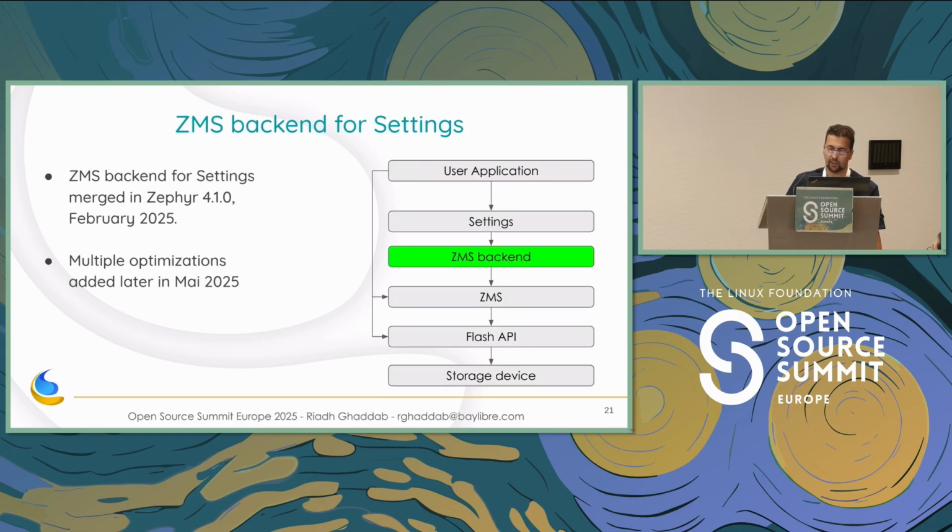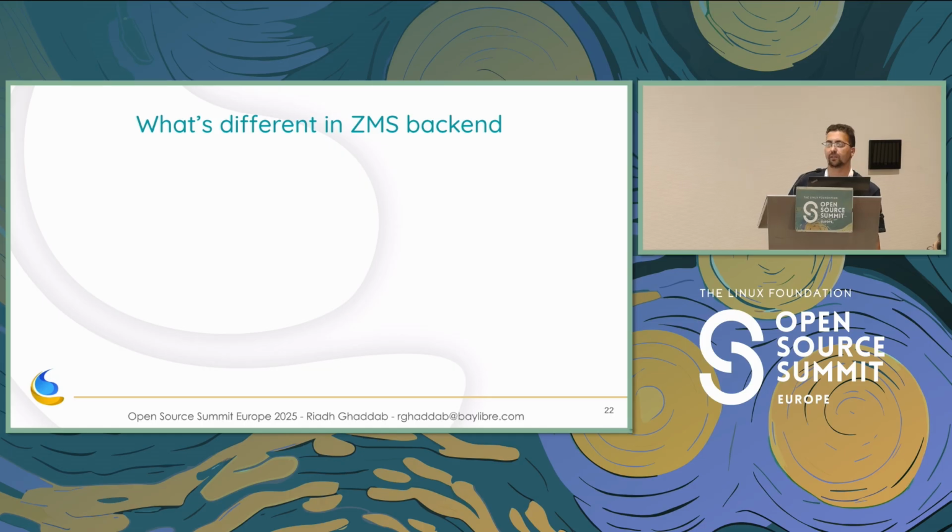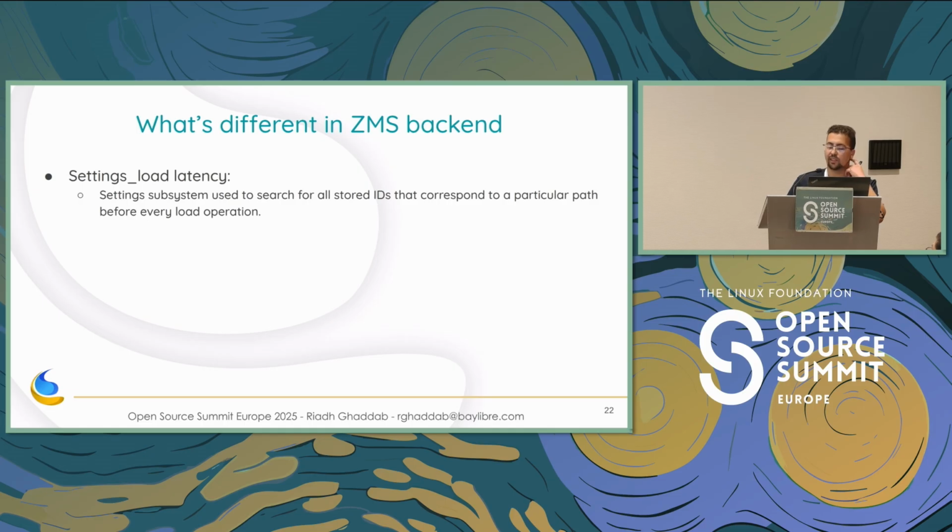So, like I said, we added the ZMS backend, but what's different in it compared to the other ones? We noticed that settings load, which is the operation of loading all the keys from a certain path, is very slow. Basically, the settings subsystem is a blind subsystem, because it searches. For example, if you have 100 settings, it stores them with incremental IDs, from 1 to 100.